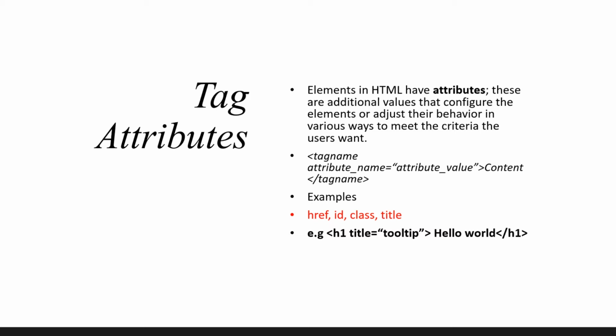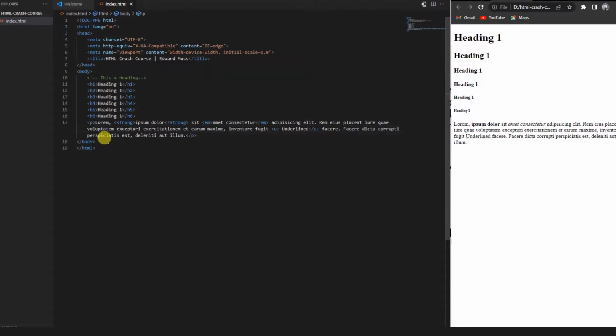So for example, let's go to our Visual Studio Code again and try it out. Guys, we are in our Visual Studio Code and I want to add an attribute called title on the heading 1.